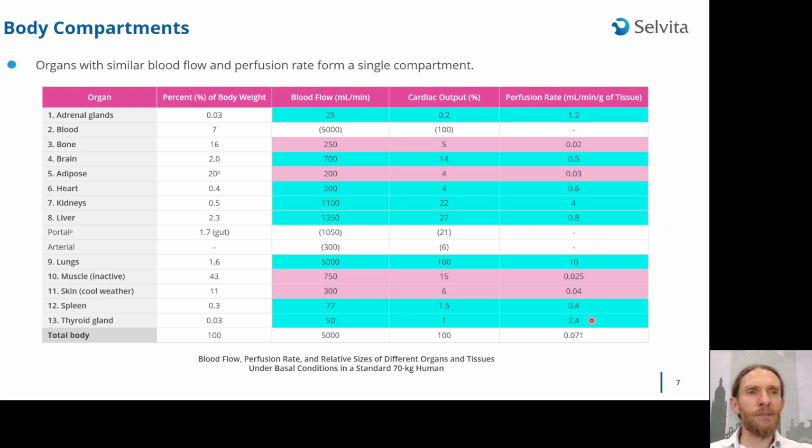Those organs will contribute to the central compartment. Whereas the low perfusion organs like bone, adipose tissue, muscles, skin, this is the peripheral compartment, and here the distribution into those organs will take some time.